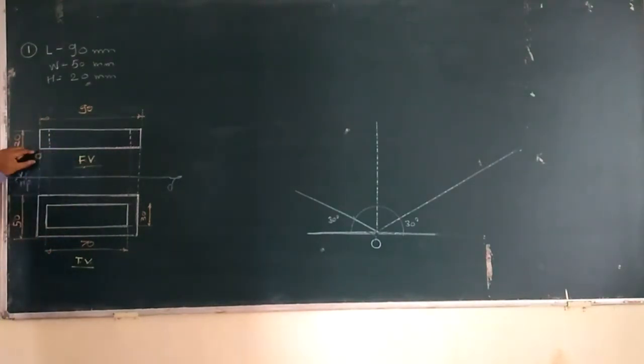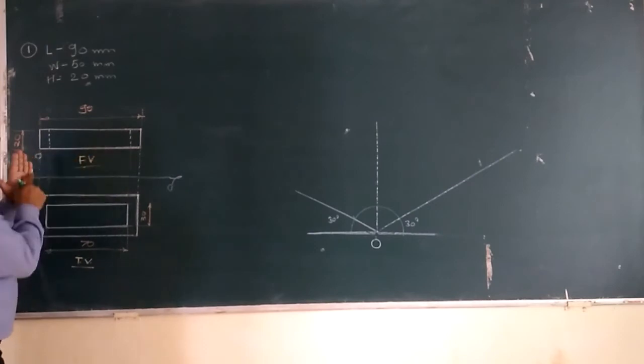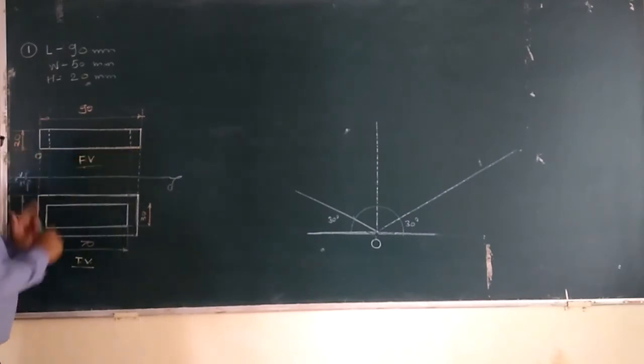In the given views, the origin is printed at the left extreme end of the front view. On the right side of the O, the length is mentioned.